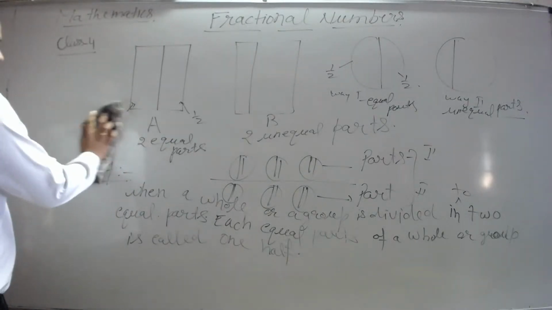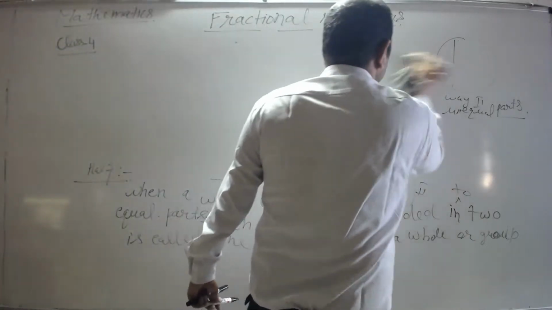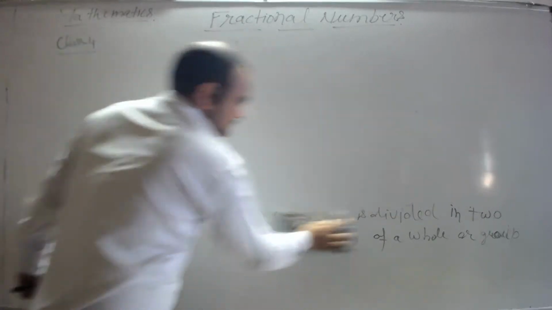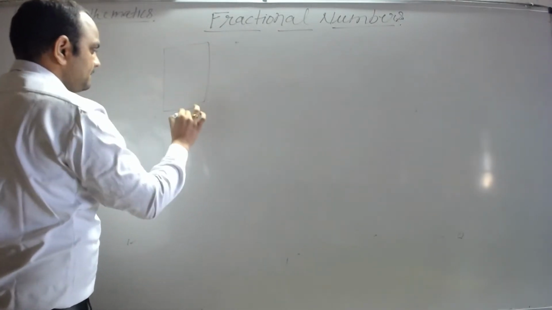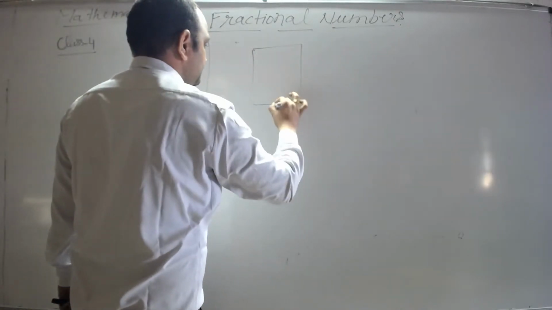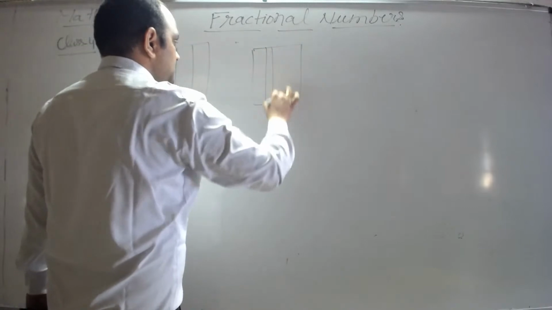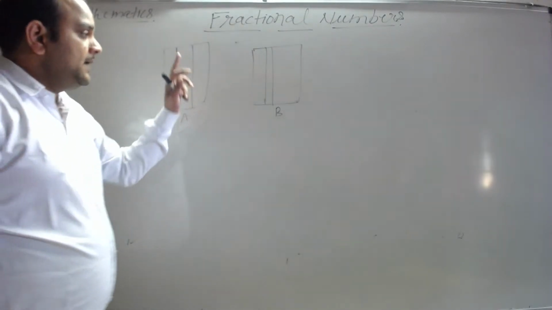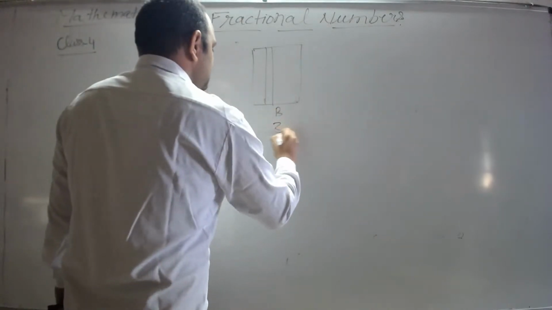And next is, this is picture A and this is picture B. Both pictures are divided into three parts, but picture A is divided into three equal parts, while in picture B there are three unequal parts.